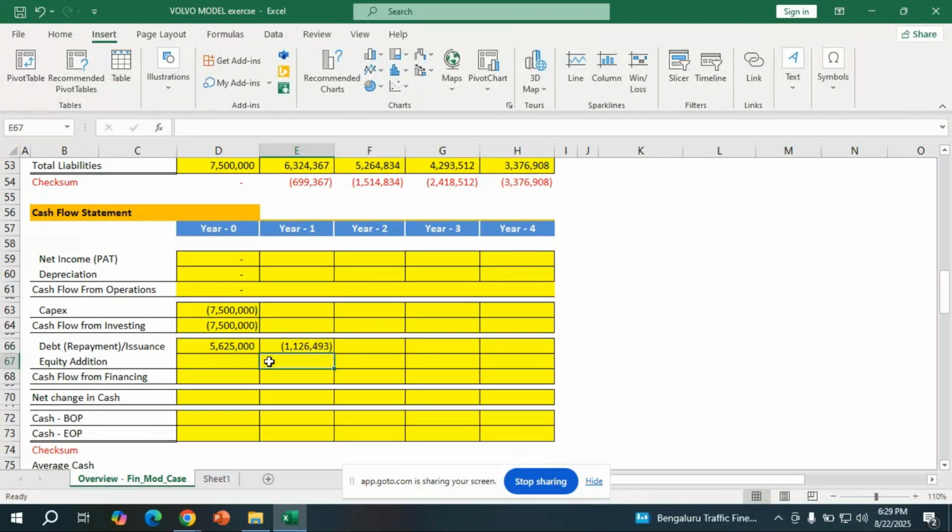So how much you're going to pay in year 1 minus this one, the result, that is the closing balance. So in year 1 we are only paying 11,26,490.